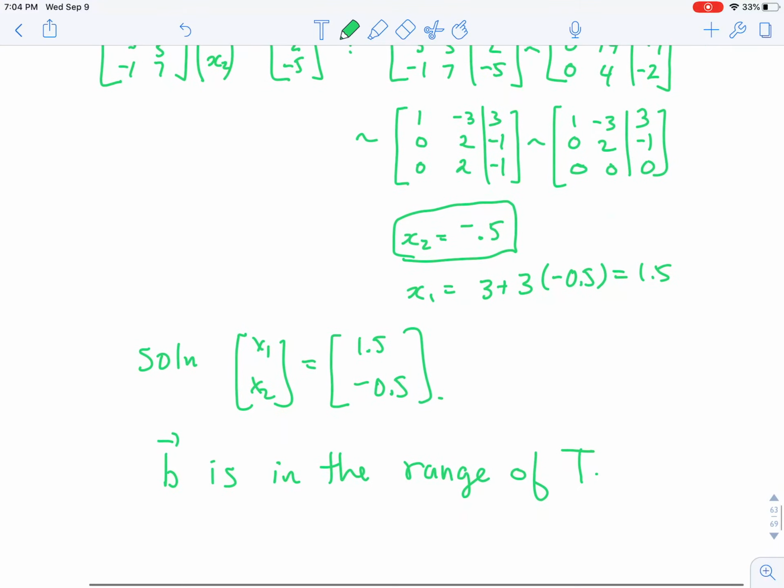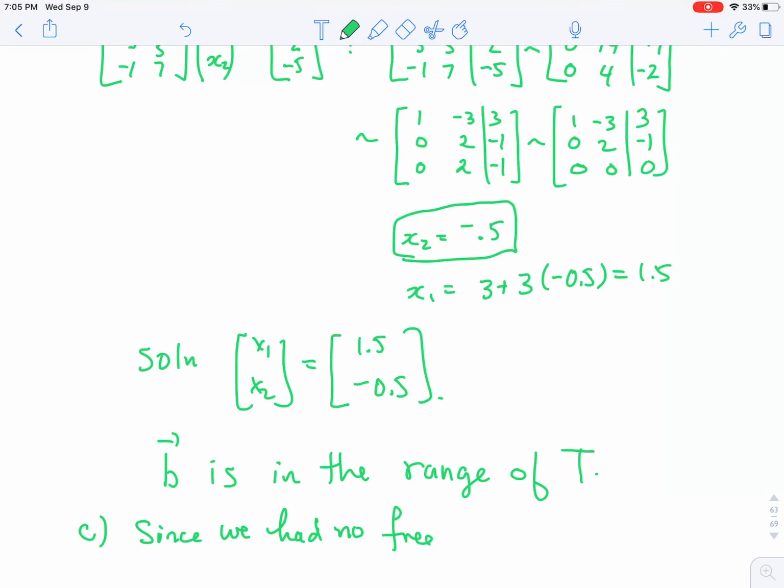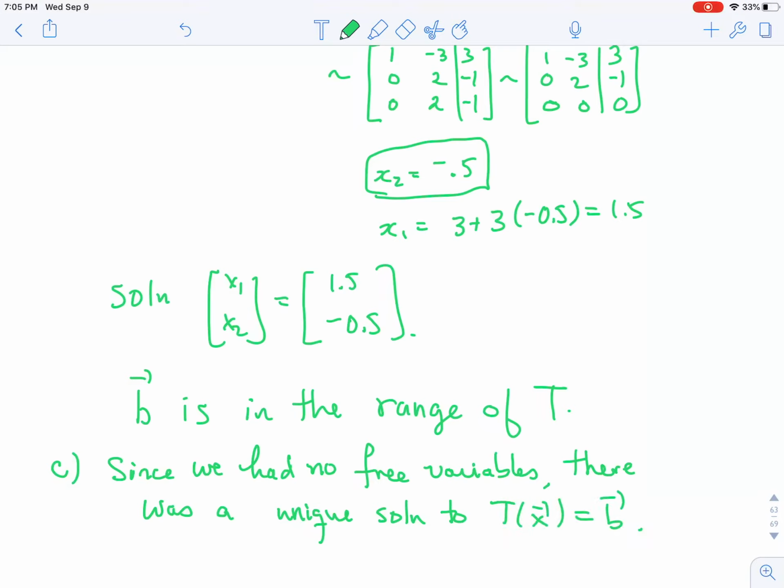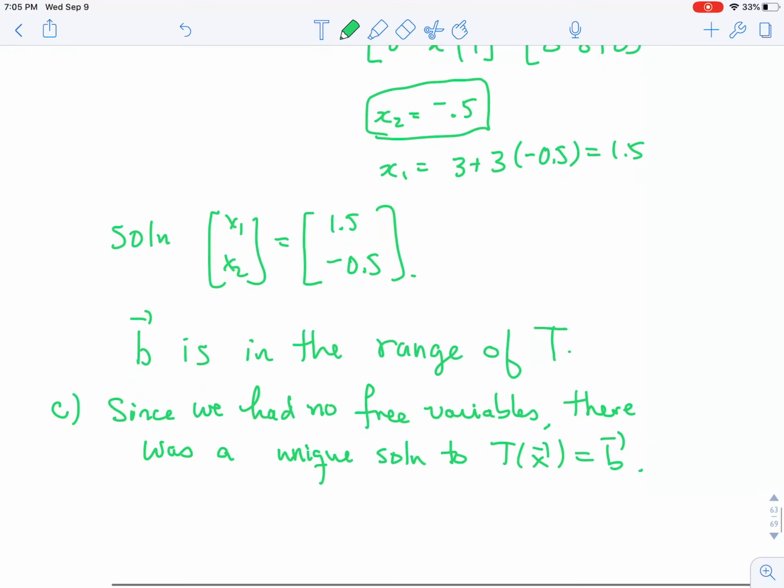So for part C, since we had no free variables, the solution there was a unique solution to T of x equals b. Again, the only thing new here is instead of writing Ax, we're writing T of x, because we're thinking of it as a transformation. And there's a reason we're doing that. We're slowly building little bits of abstraction into our problem.